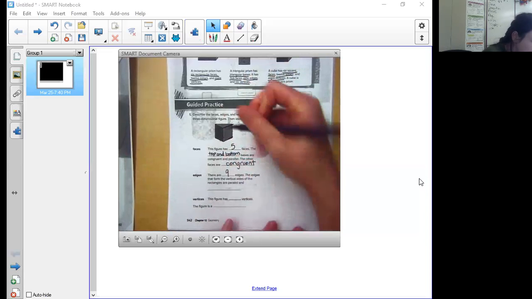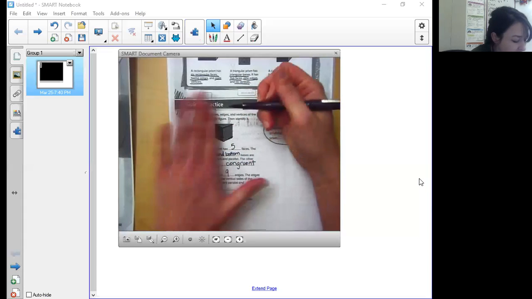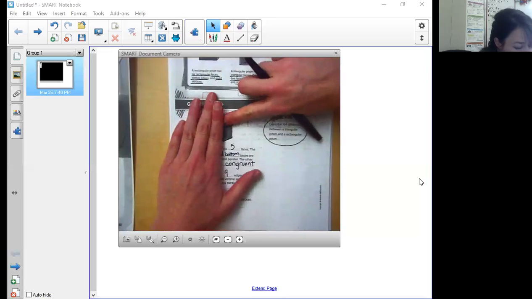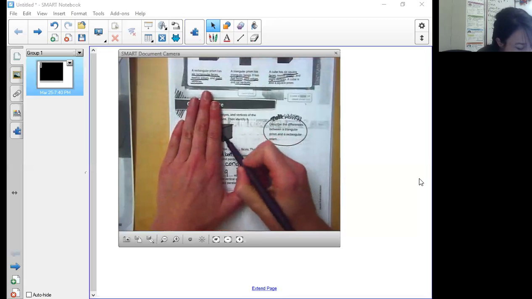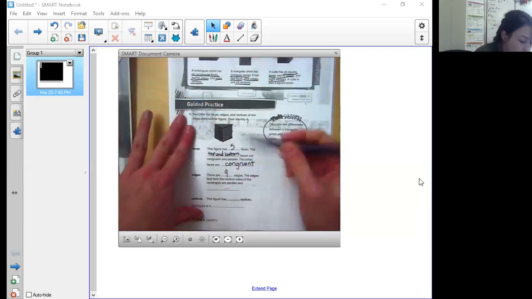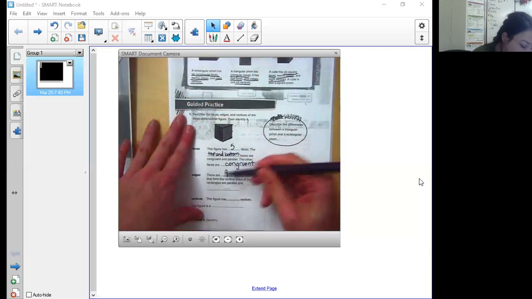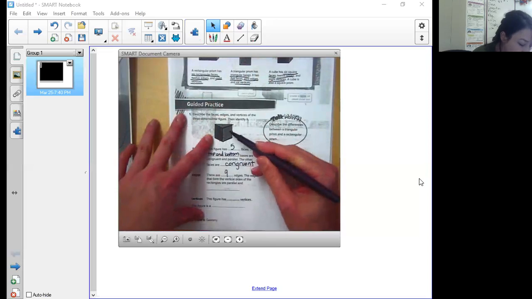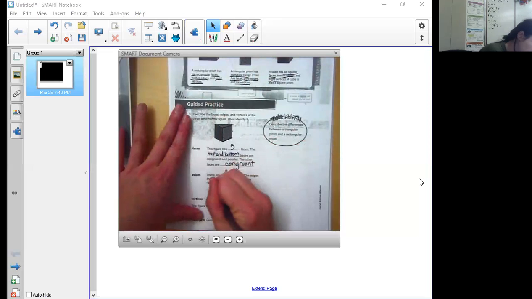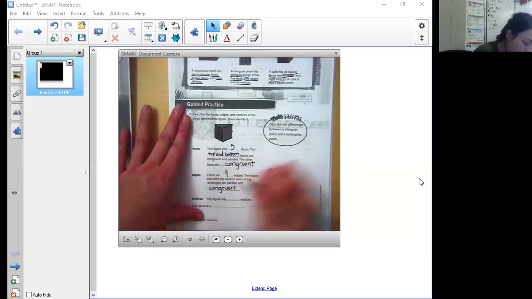What they're talking about is if we were to erase all of these right here, we have just a square, right? So they're talking about this edge and this edge. Both of them, the edges that form these vertical sides of the rectangles, are parallel and congruent. They are the same size, same shape, and they are parallel.